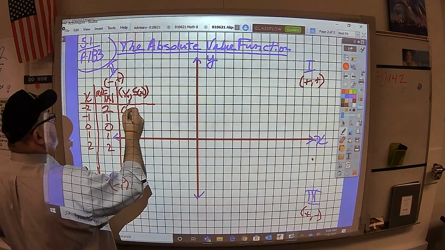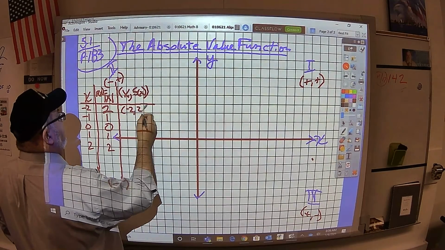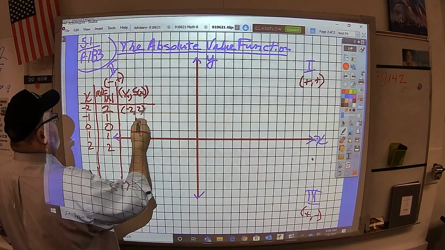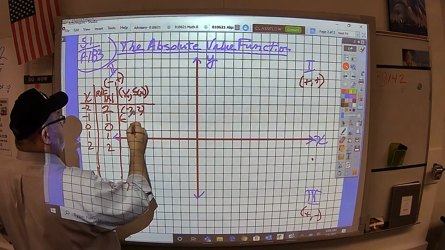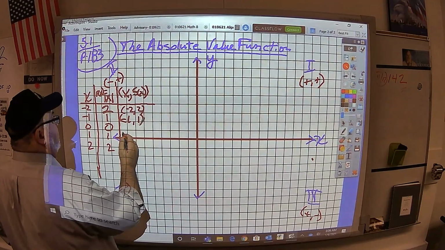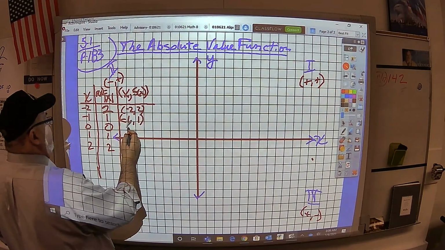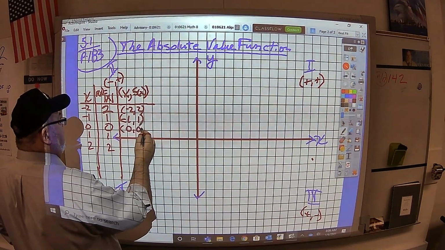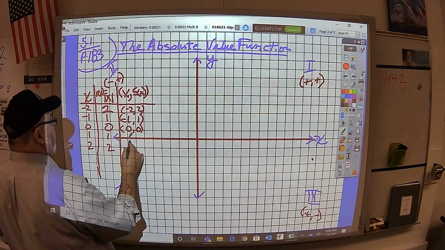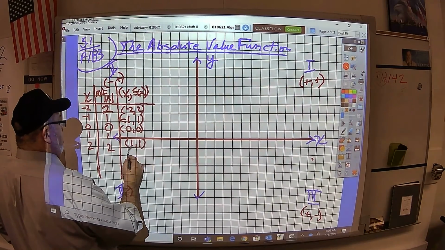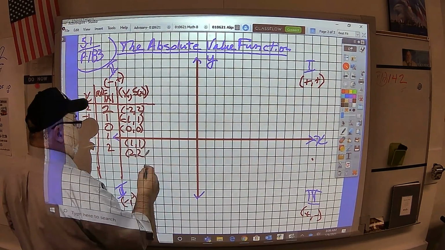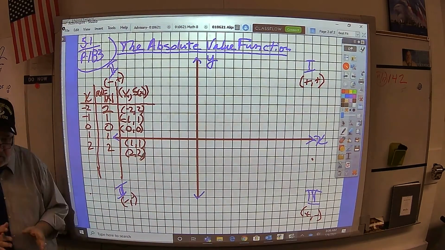My coordinates are -2, 2, -1, 1, 0, 0, which is the origin, and 1, 1, and 2, 2. Not really much challenge to that.